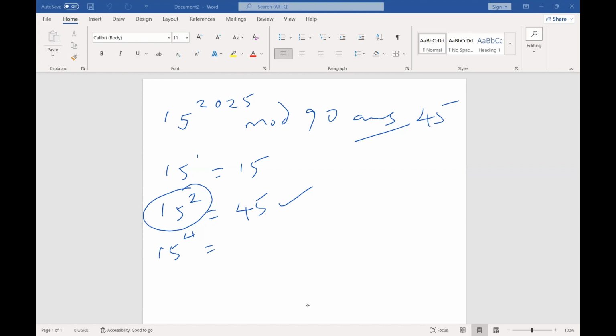It went there 22 times. Is that okay? So now let's take 2025 minus 90 multiplied by that 22, and you get a remainder of 45.